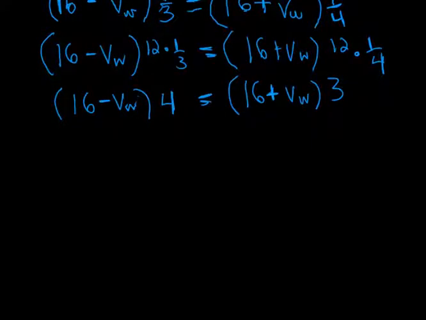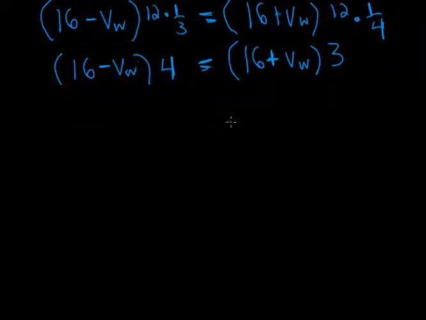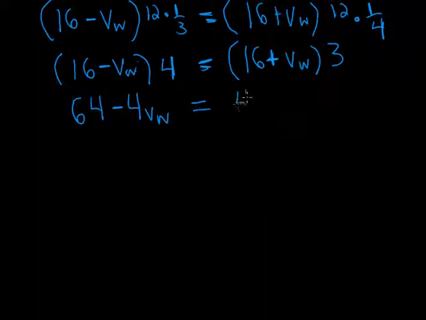They might come up in the end here. So let me scroll this up to the top. I'm going to distribute my 4 across. And so I have 64 minus 4 times the velocity of the water, equals 48 plus 3 times the velocity of the water.